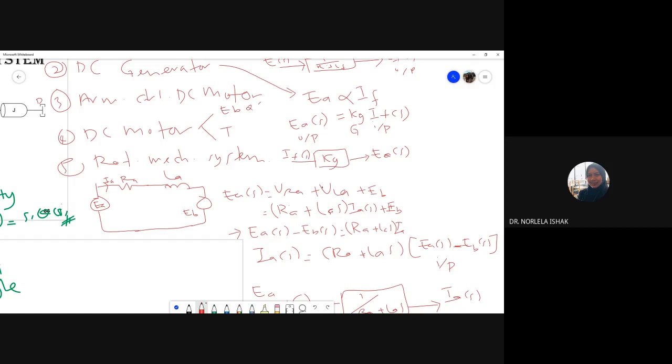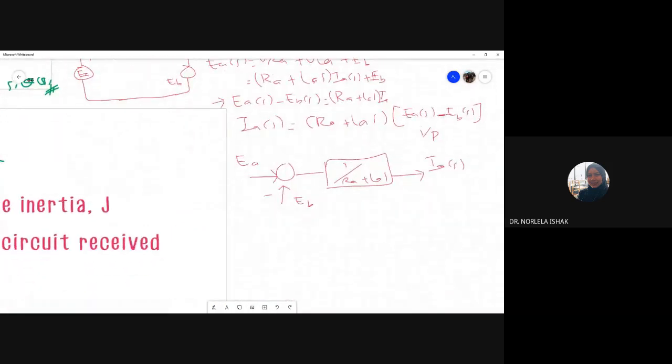EB proportional with the speed, d theta over dt. And torque proportional with the armature current. Ingat tak? Kita punya previous slide. Okay, so you have to derive two equations from the DC motor.